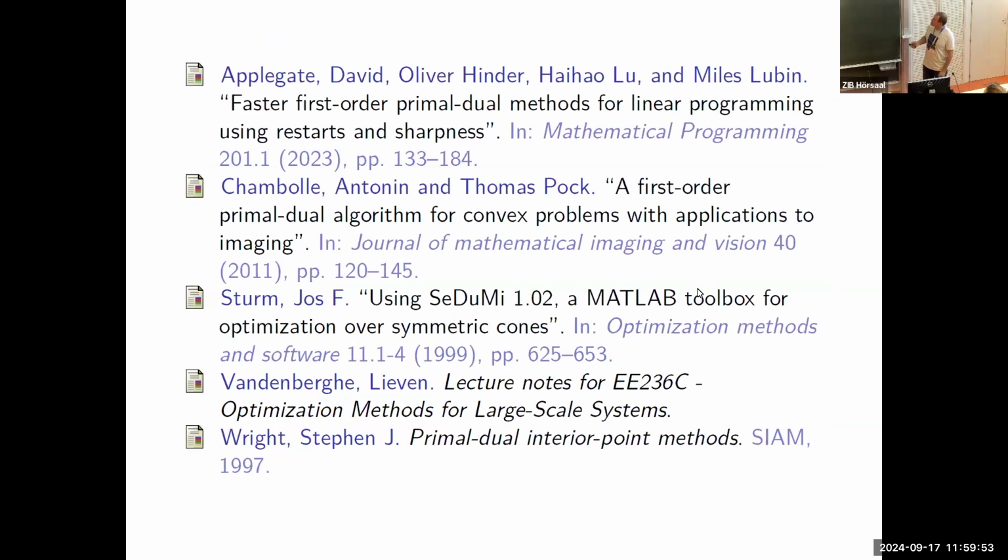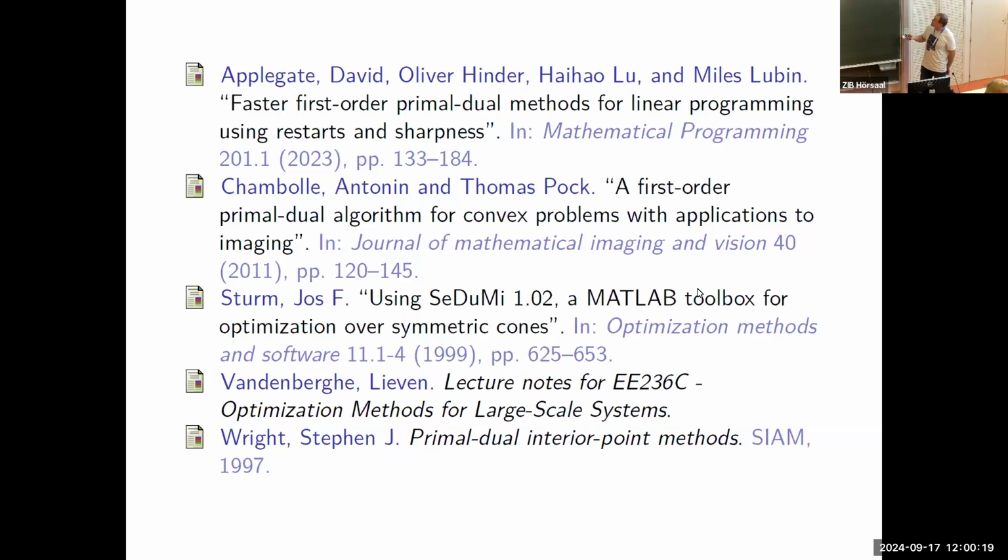Some of the important references, let's give credit where credit is due, is of course Stephen Wright's book, which is kind of dated, but still a great book. Everything I said about infeasible methods is from that book. Joe Sturm's papers are a must read if you are into that kind of stuff. Then there's Chambolle and Pock's amazing paper that came out in a mathematical imaging journal.